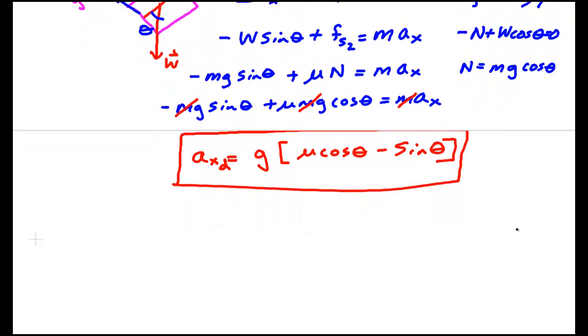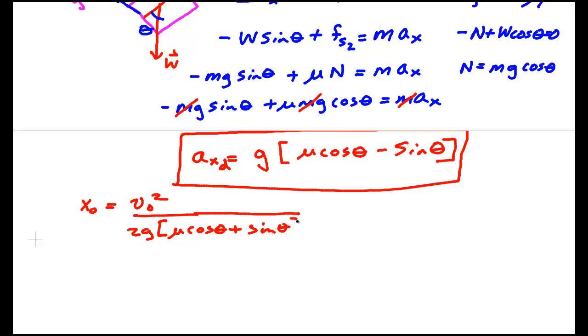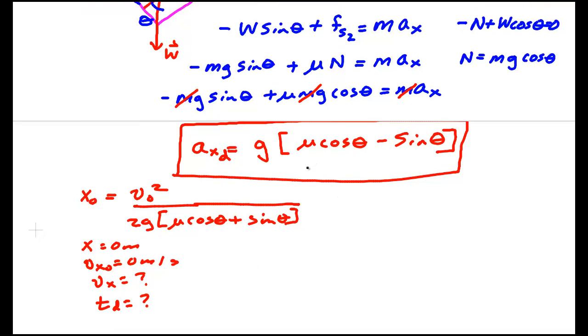So I'm going to write all these things down here in the table. X naught is v naught squared over 2g times mu cos theta plus sine theta, x is 0 meters, Vx naught is 0 meters per second, Vx we don't know, time down, I'm going to use small d, we don't know, and acceleration I know right there.